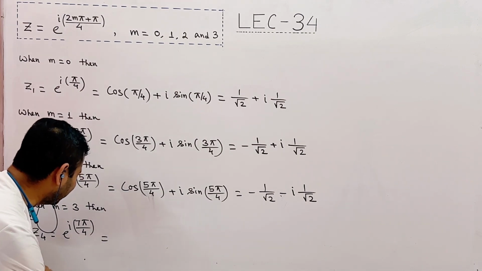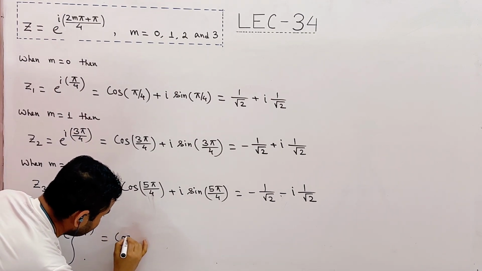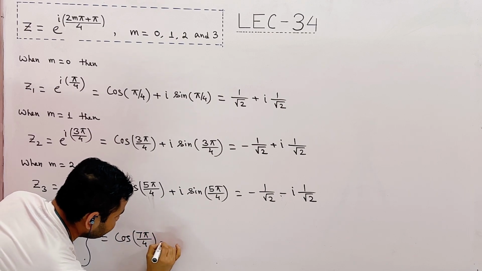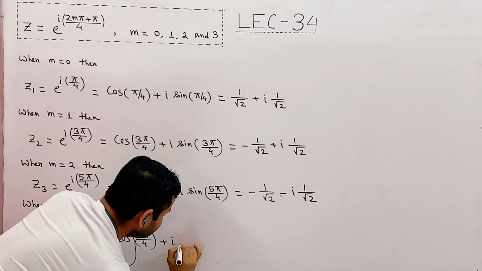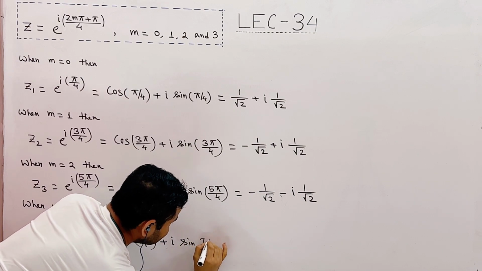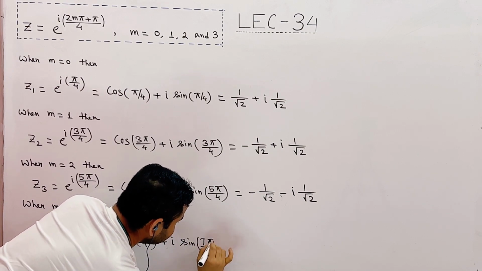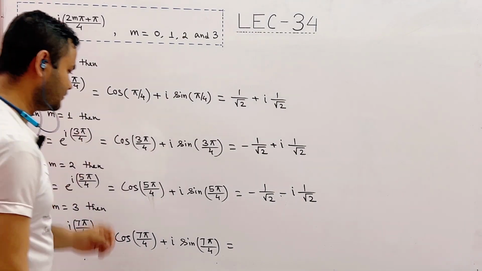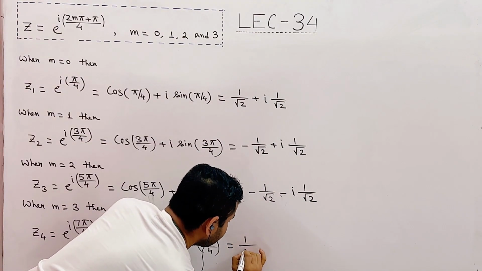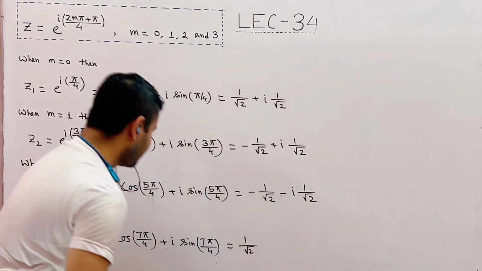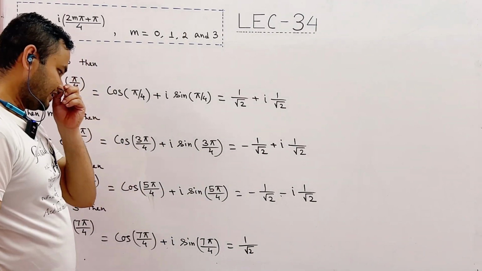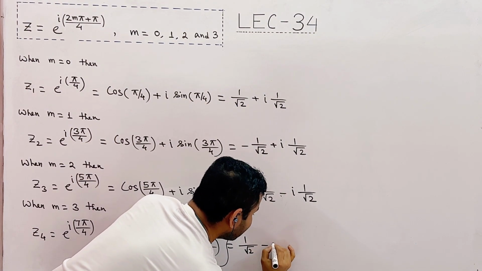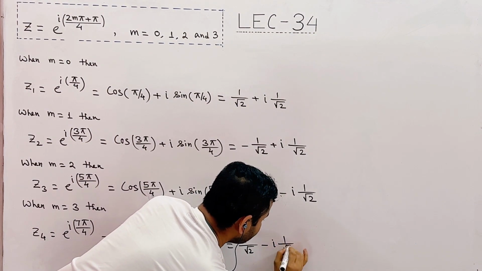So, after applying de Moivre's theorem, we will get cos 7 pi by 4 plus iota into sin 7 pi by 4. Cos 7 pi by 4 value is 1 by root 2 and sin 7 pi by 4 value is minus 1 by root 2. So, finally, we will get 1 by root 2 minus iota into 1 by root 2.